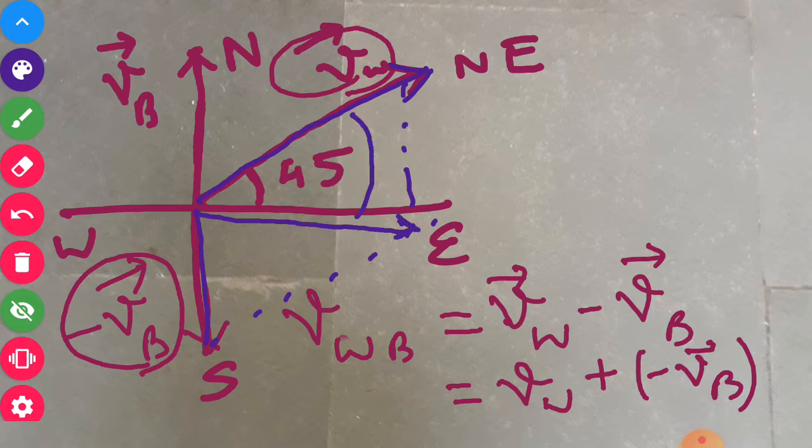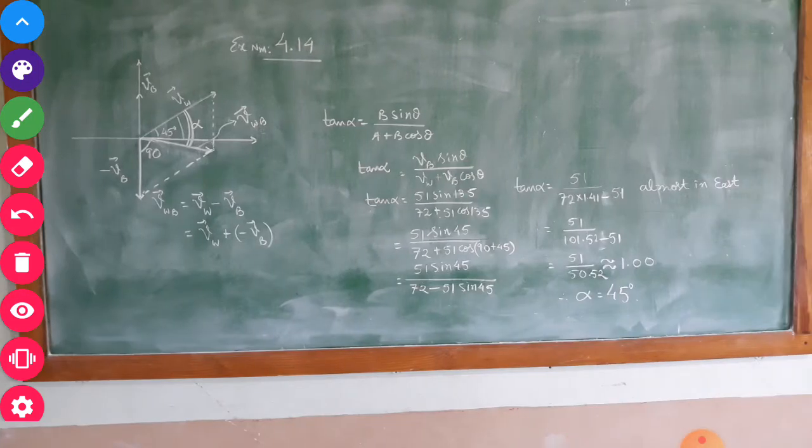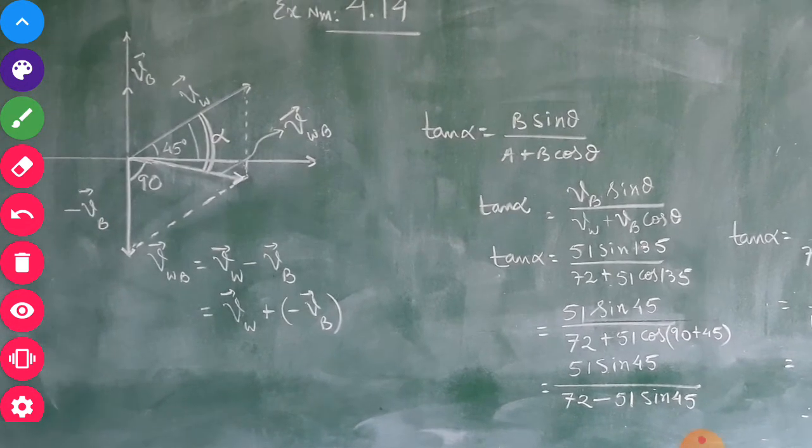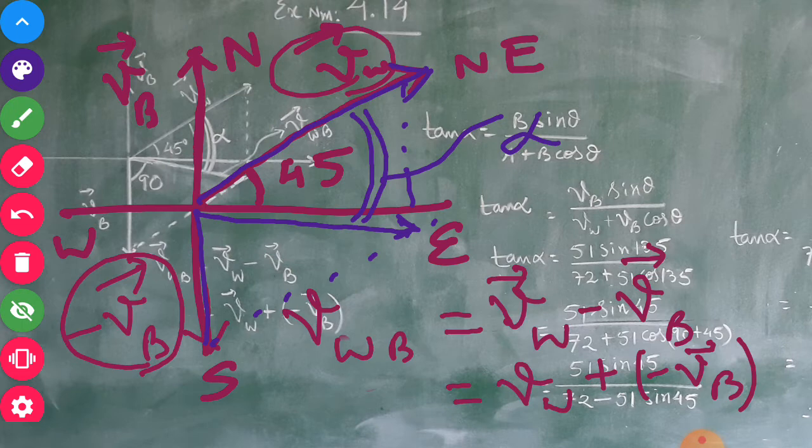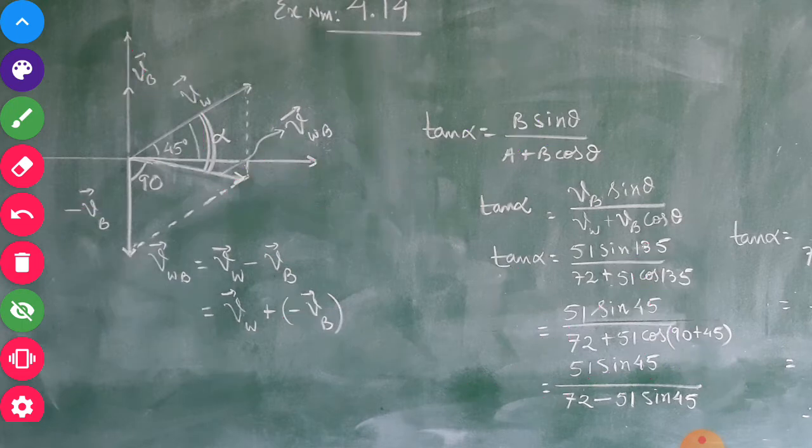See, the resultant vector makes an angle alpha. So we want to calculate this tan alpha. Okay, you can see this is drawn here.